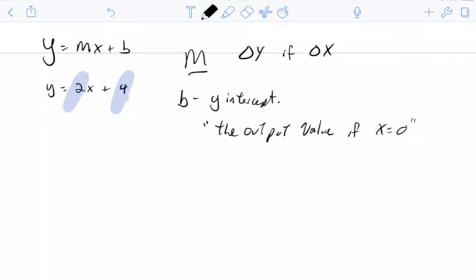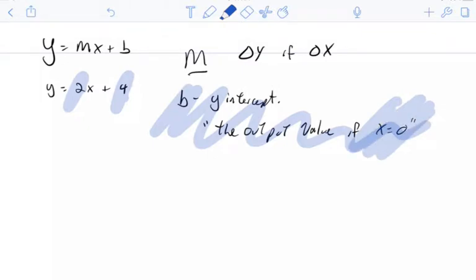Okay, so both these numbers have important aspects to them graphically, but another way to talk about it is b is the number that you start with when x is equal to 0, and then if you increase x by a little bit, this number up front here tells you how much the value of y is going to change.